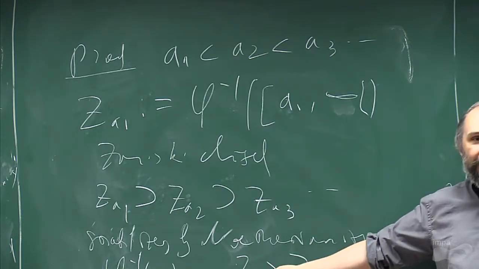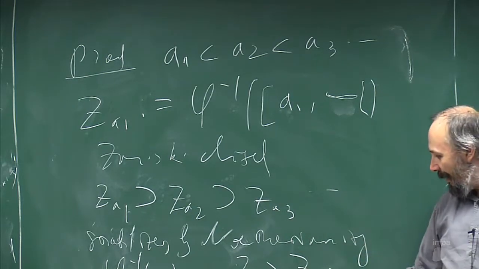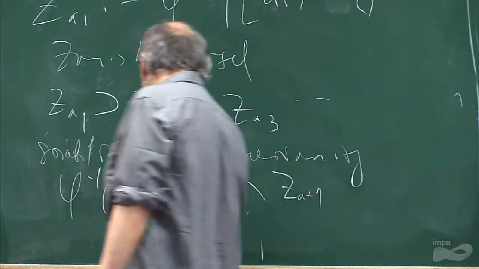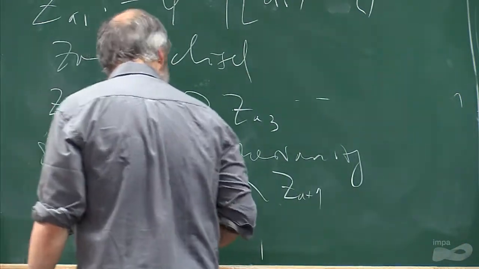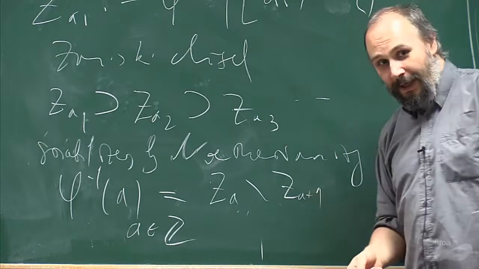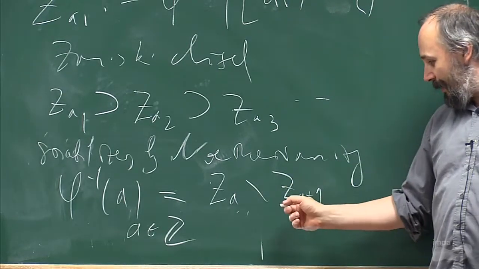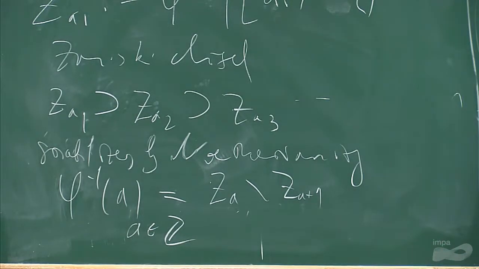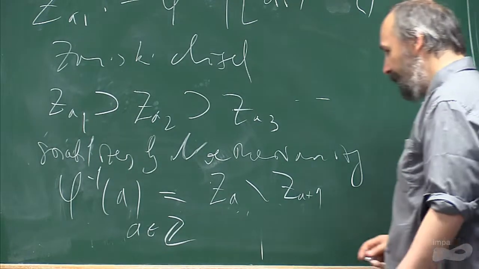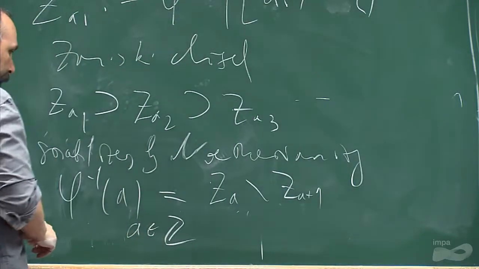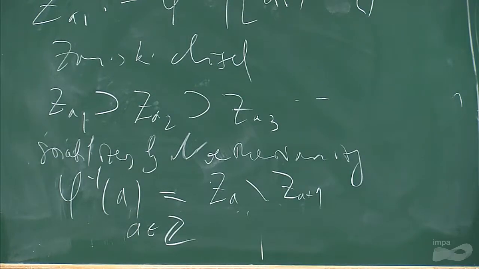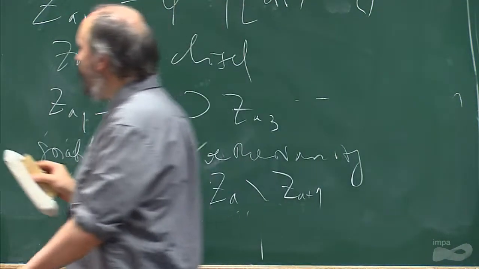I mean, you can do it for non-integer, but it will be the same. So it changes only if you start with integer A in Z. If you start with integer, the next time it changes, it will be A plus 1. Okay, so it's constructible.